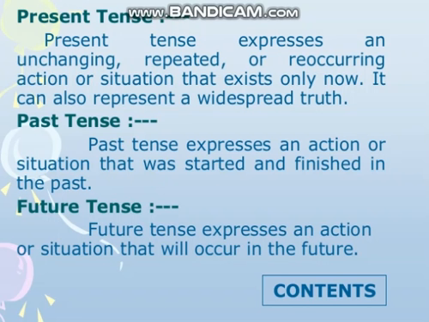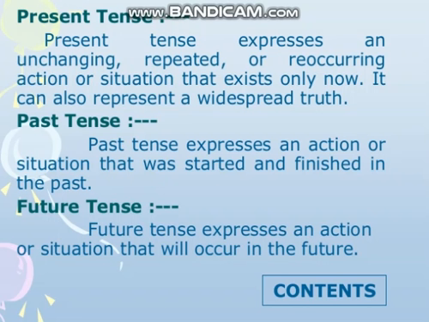Present tense expresses an unchanging, repeated, or reoccurring action or situation that exists only now. It can also represent a widespread truth. Present tense just expresses an unchanging event, action, or situation. Why? Because we have no authority to change any action which is happening now.